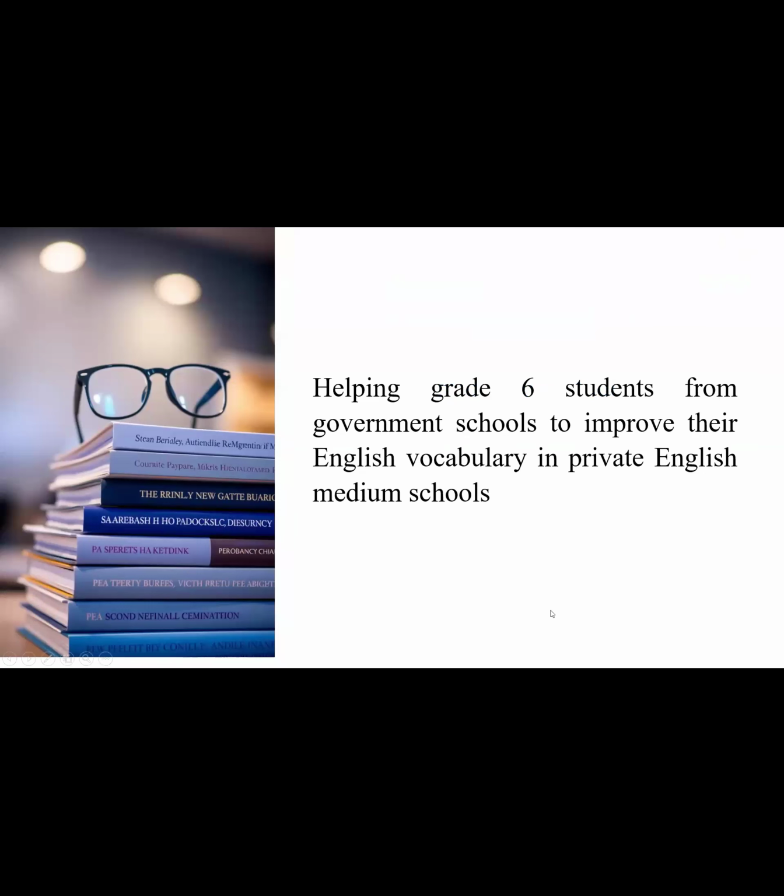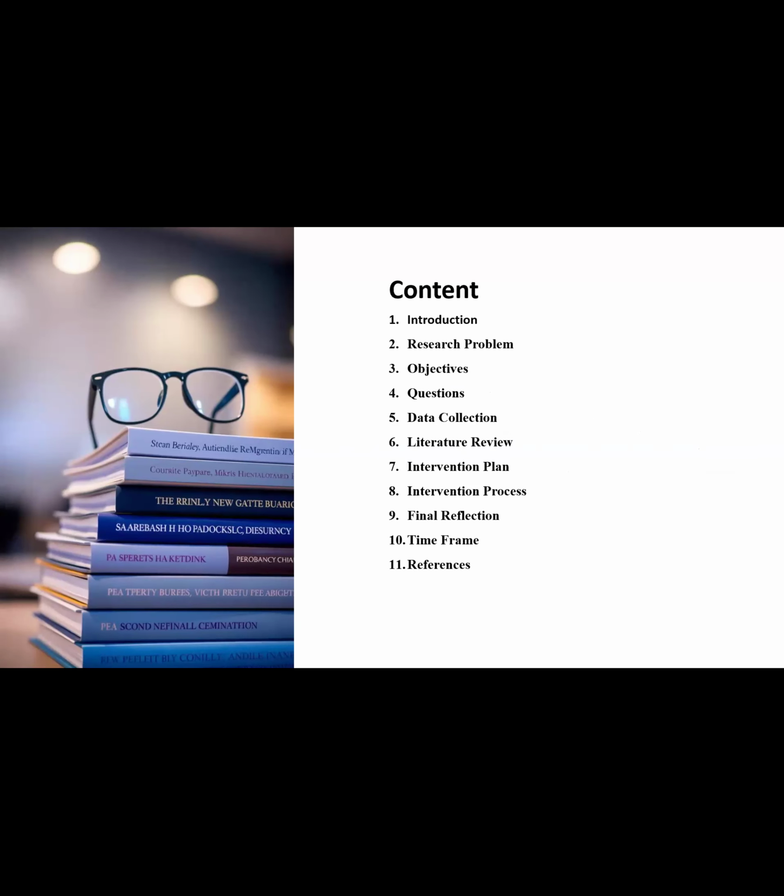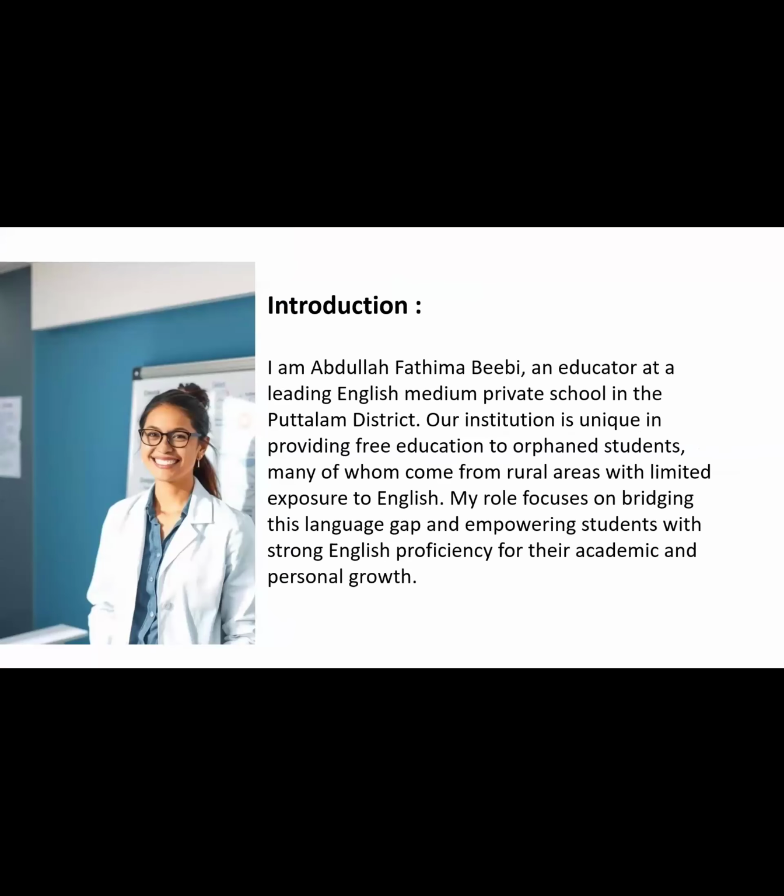Yes, I'm helping grade six students from government schools to improve their English vocabulary in private English medium schools. That means, ma'am, those who are coming from, in my introduction, I clear it. But this is my content. Whenever somebody reads the topic, they should be able to understand it. Okay, continue. Later on, we can correct it.